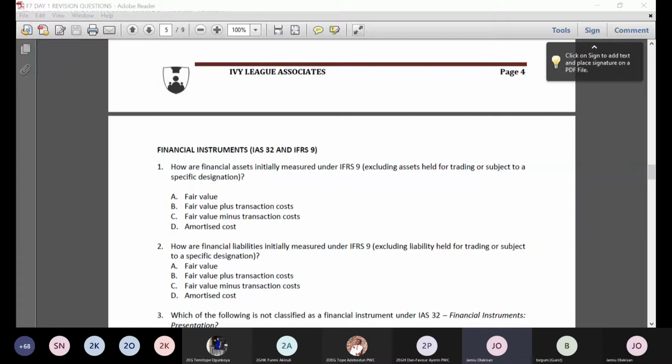Ordinary share is an equity instrument, not because we call it ordinary share, but because the company that issues the share does not have obligation to pay cash to the holders of the ordinary shares.